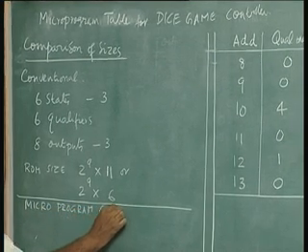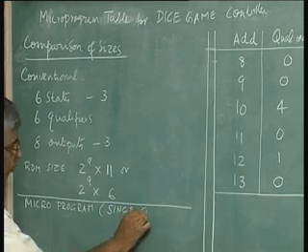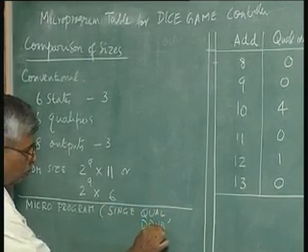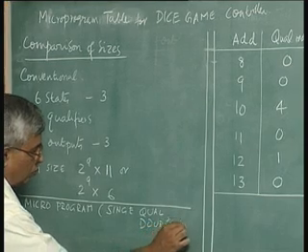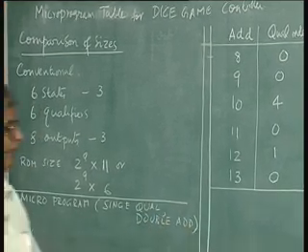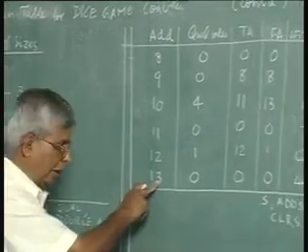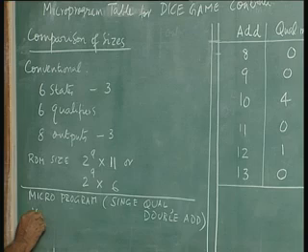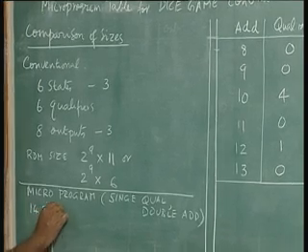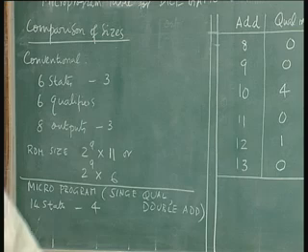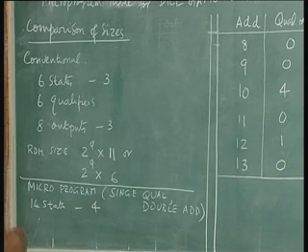Single qualifier, double address. How many states are there? 14 states, starting from 0 to 13, 14 states requires 4 state variables. Number of qualifiers is same.